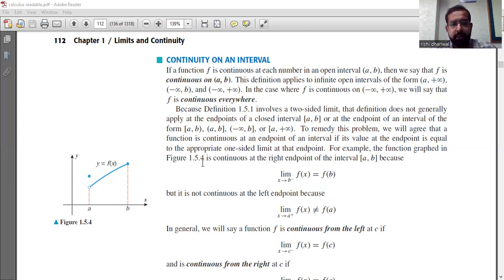The function graphed in figure 1.5.4 is continuous at the right endpoint of the interval [a, b], because the limit as x approaches b from the left of f(x) is equal to f(b).